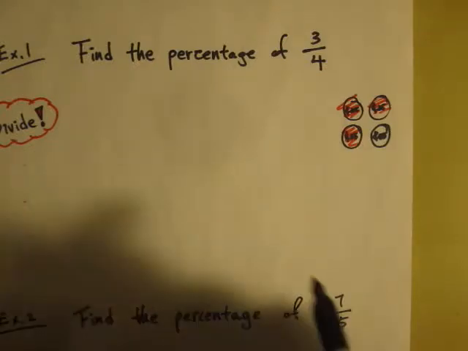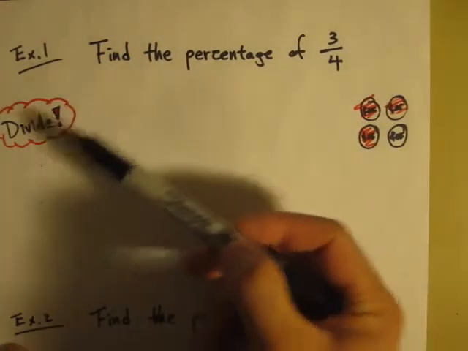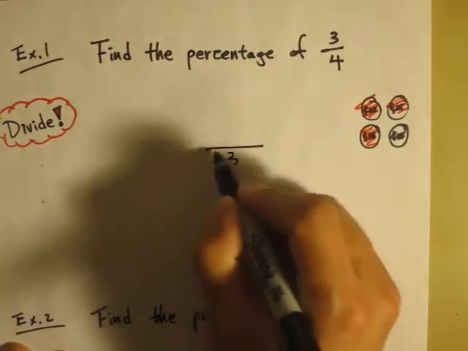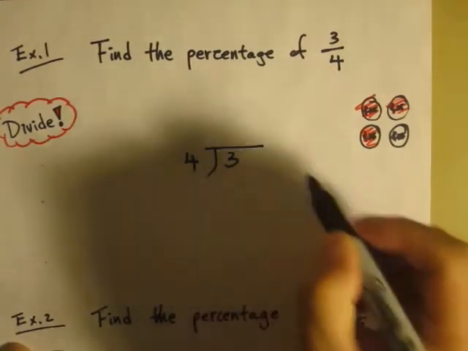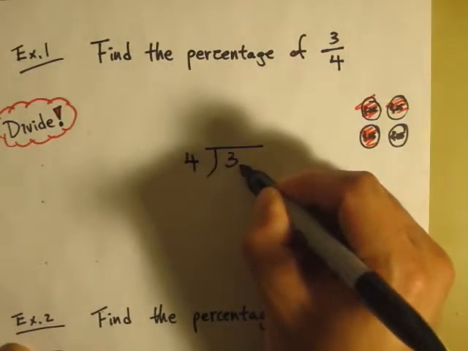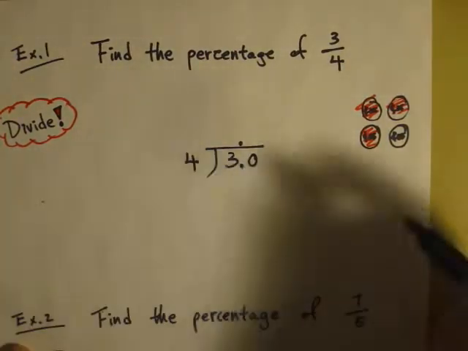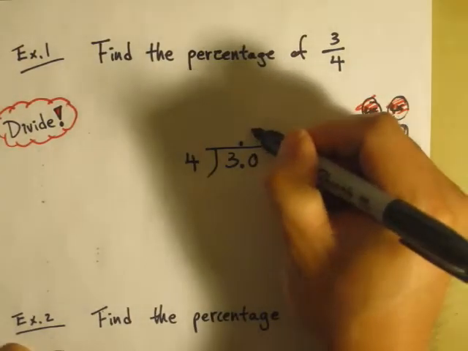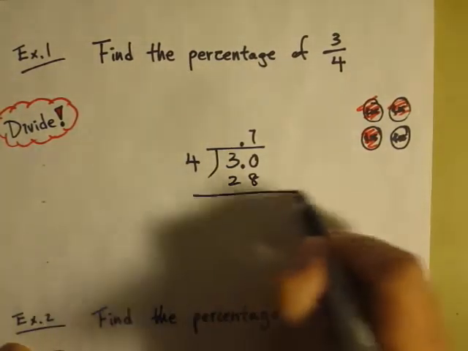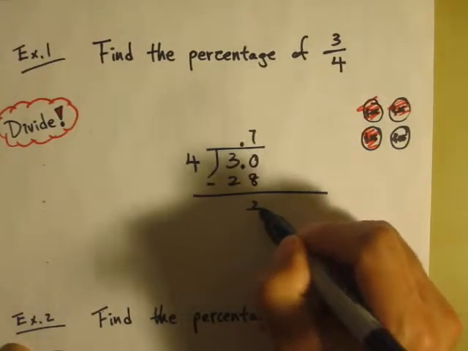The key thing here is, when we're finding the percentage of 3 over 4, we only have to divide. The top number goes inside the box, the bottom number goes outside. 4 does not go into 3, therefore we need to add a decimal inside and on top, and also a 0. 4 goes into 30 at most 7 times. 4 times 7 is 28. Subtract: 30 minus 28 gives you 2.